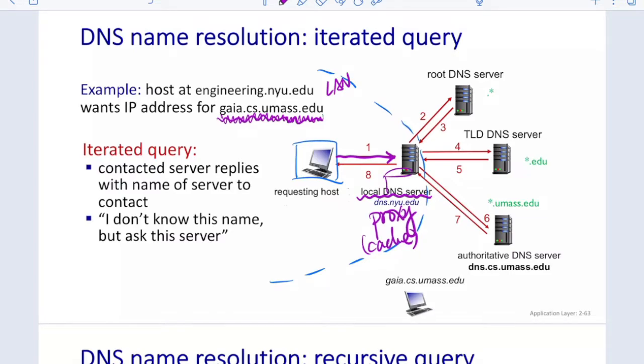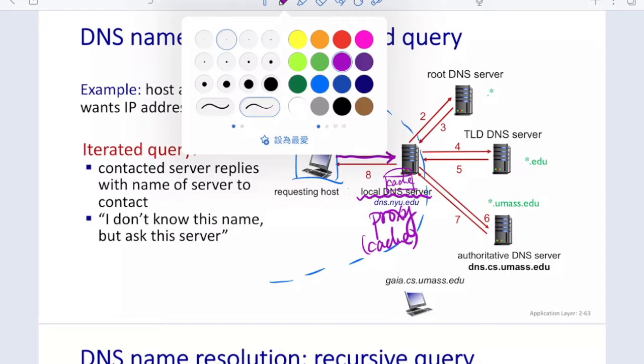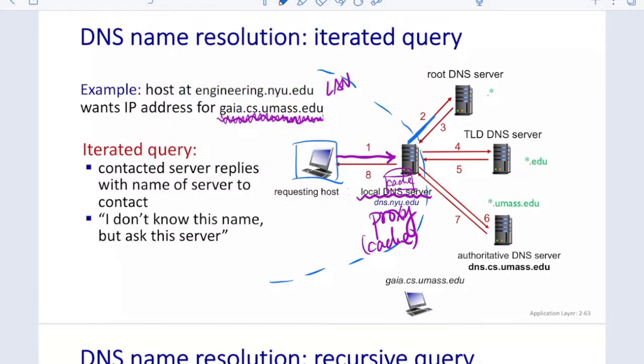There should be a database to cache all the mappings. If there are no such records, the local cache server will further send a new request to the root DNS server, saying, could you help me find who is responsible for .edu?